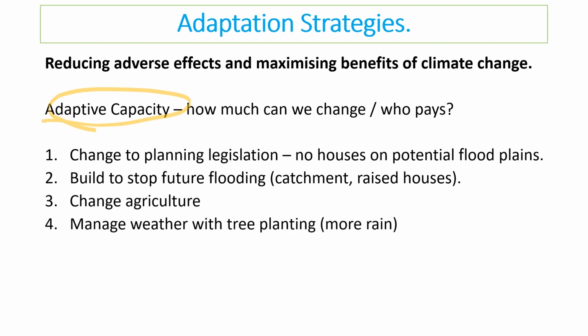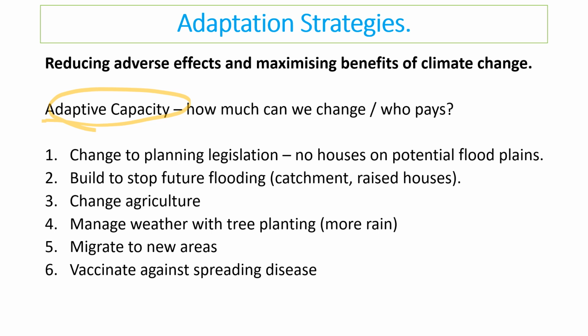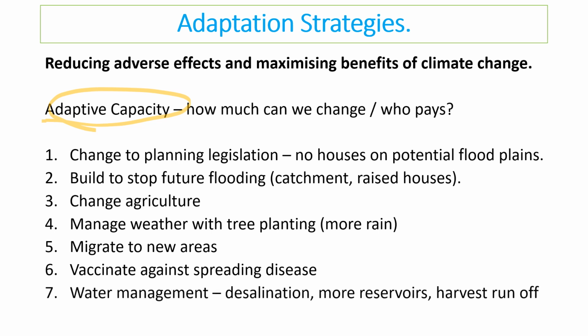We can manage weather with tree planting, to capture and absorb more rain, and we can obviously migrate to new areas. We can vaccinate against spreading diseases, and we can do water management as well. However, none of these things are actually dealing with the problems, which means we'd keep having to add extra layers.